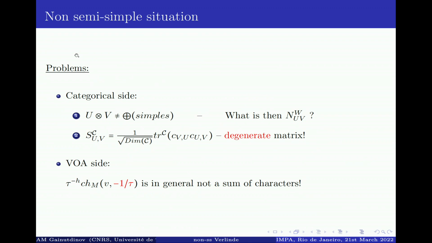Another thing is that you can still define the categorical S matrix by this formal expression using the same categorical trace, but it's degenerate. In the non-semisimple situation, this is always a degenerate matrix, so it also doesn't make sense to use it even formally, as in the previous formula. Also on the VOA side, there are problems: the modular transformation of characters is generally not a sum of characters. There are some more complicated modular forms that appear.